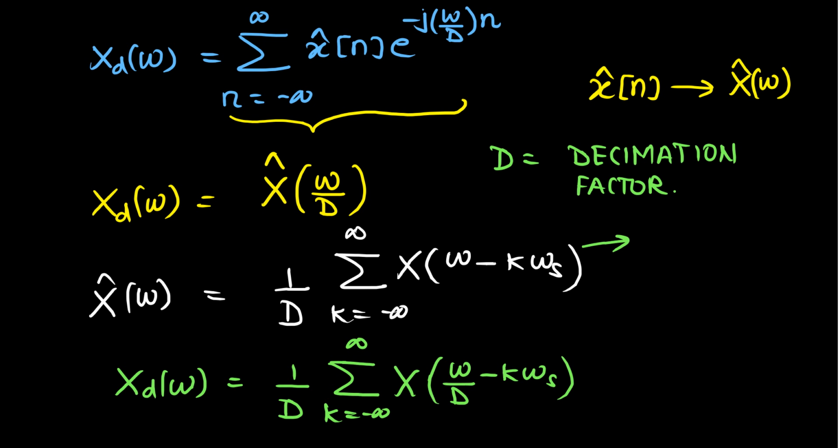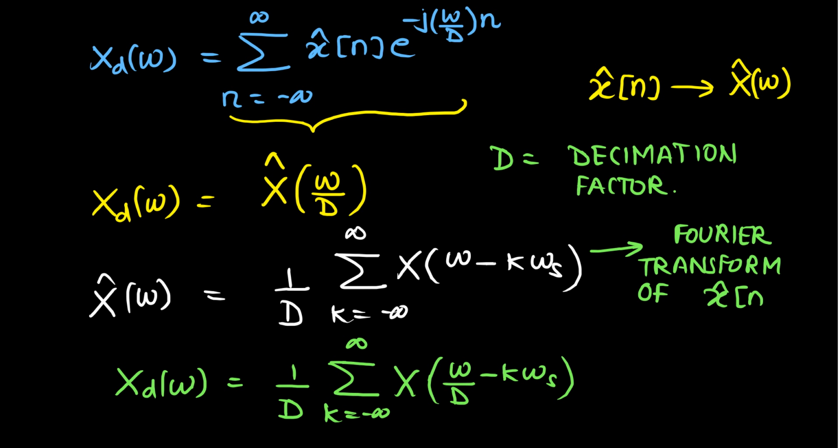So this is basically the Fourier transform of x hat of n, and we had derived this in the previous lecture.